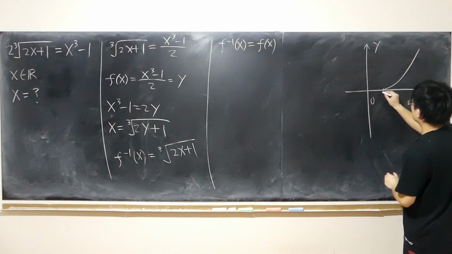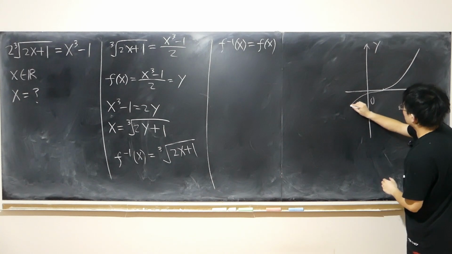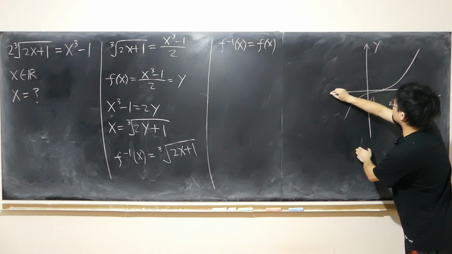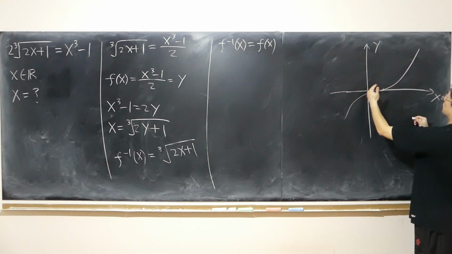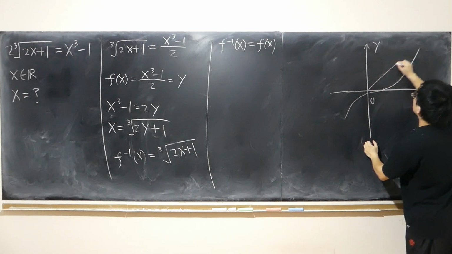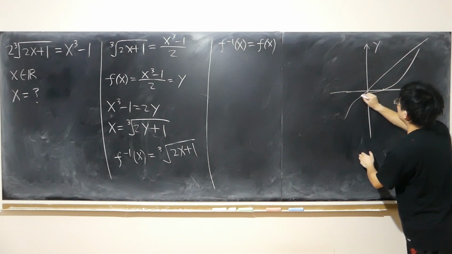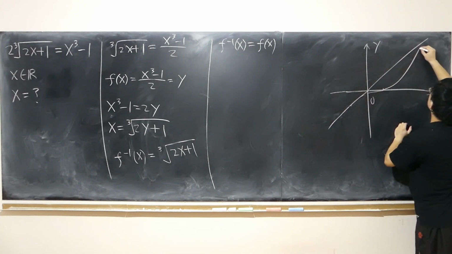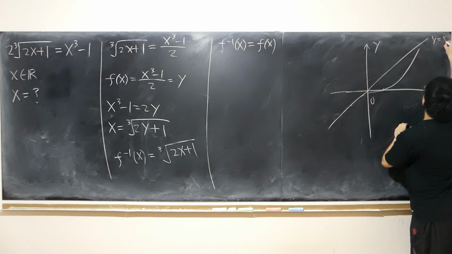And here it's decreasing like that. So the inverse function should be symmetrical about the 45-degree line, y equals x, a straight line.